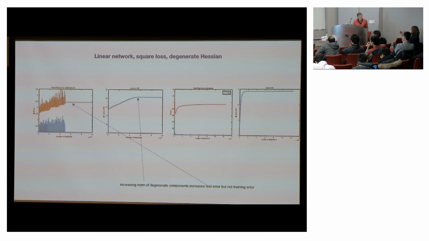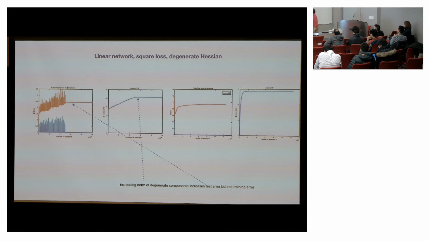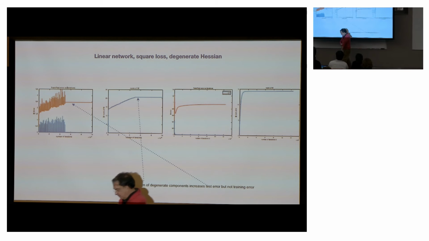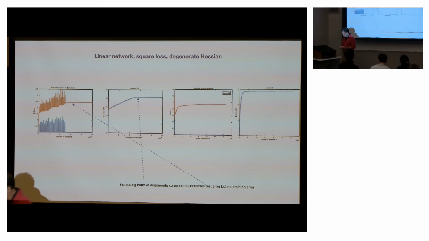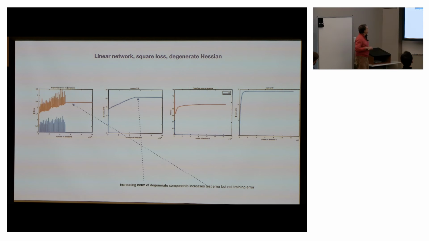It's essentially saying you have increased the norm of the weights because of these perturbations, the ones that are not influenced by your training data.